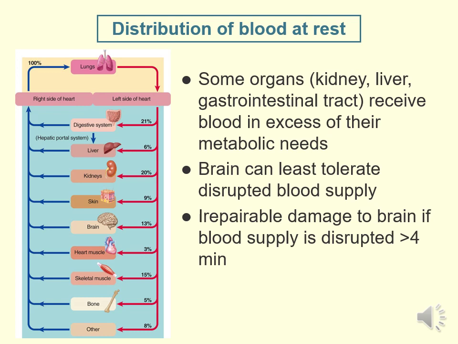You need to supply oxygen and nutrients to the actively working muscles. So the distribution can be altered, but just remember that the supply to the brain pretty much stays constant, and it does require this constant blood supply. Otherwise, you can cause damage to the neurons in the brain.